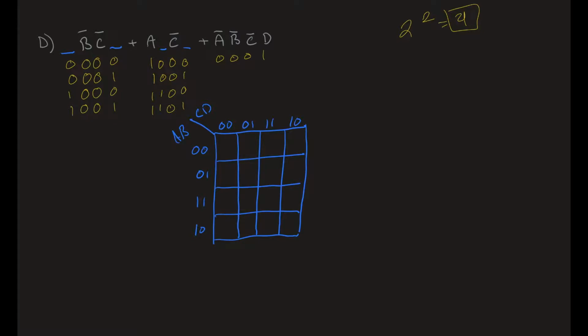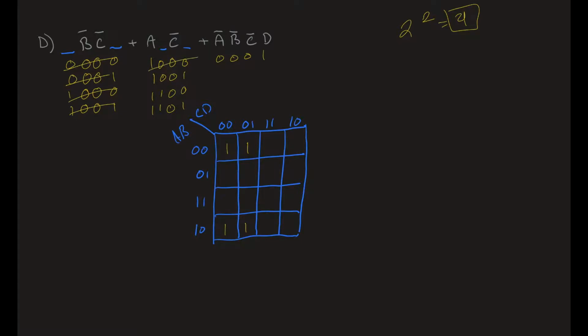And we fill it out. So 4 zeros, that's here. 0, 0, 0, 1 is here. 1, 0, that's bottom row. 0, 0, that's here. 1, 0, 0, 1, 1, 0, 0, 1 is here.